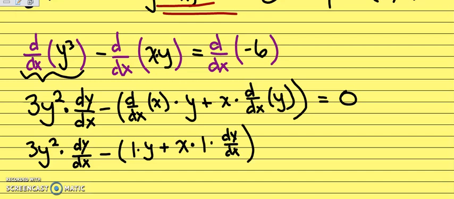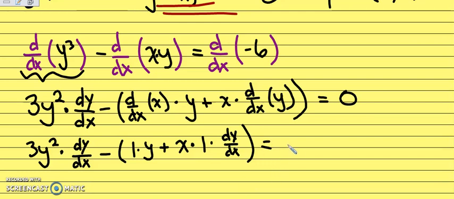The reason is because you would normally differentiate y just like you normally would. The derivative of y is 1. The only thing is we have a problem. A variable y with respect to x, we have to multiply by this dy dx. Okay, so we're going to set all of this equal to 0.